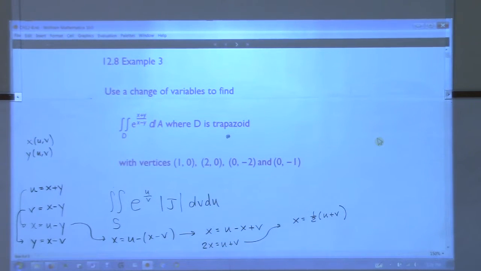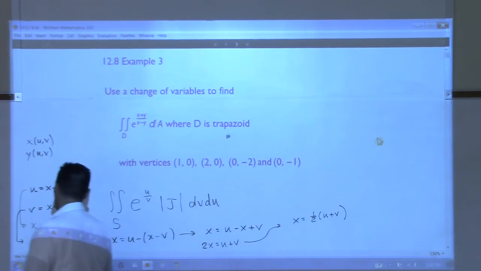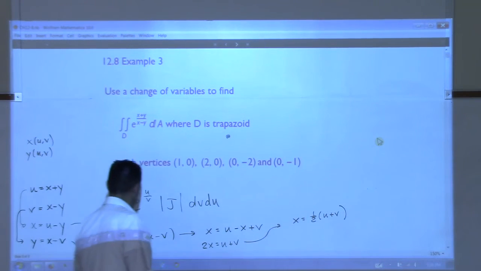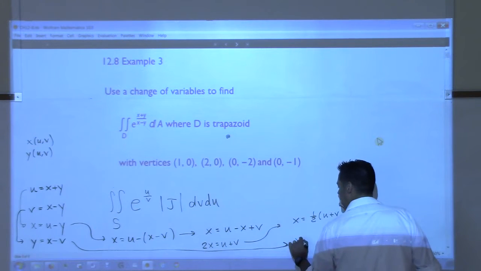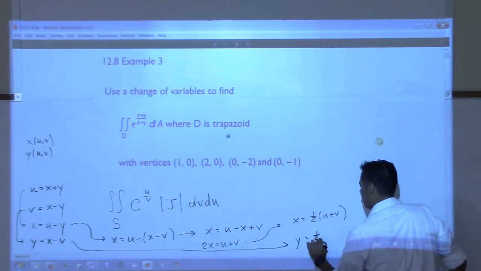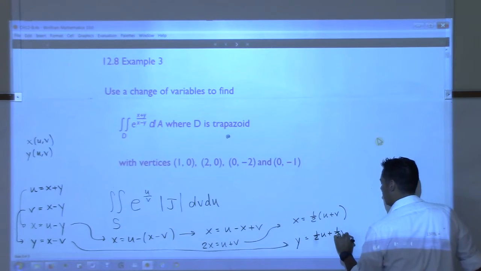Now how do I get y? Same sort of story, except I can go a little bit faster now because I have y is equal to x minus v, and I know what x is. So I can take that one. I go y is equal to x, 1/2 u plus 1/2 v. I'll distribute now.